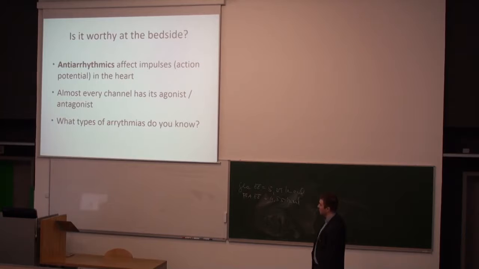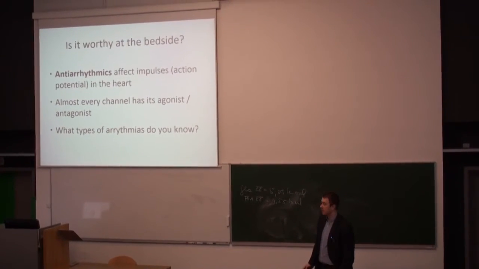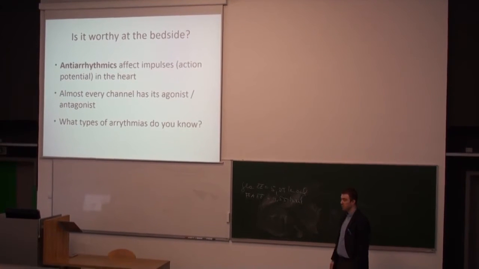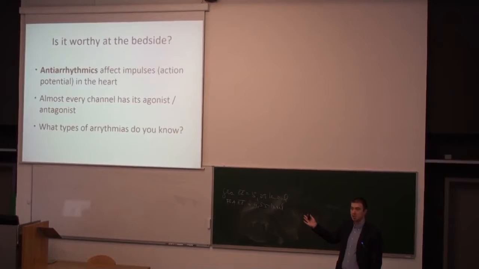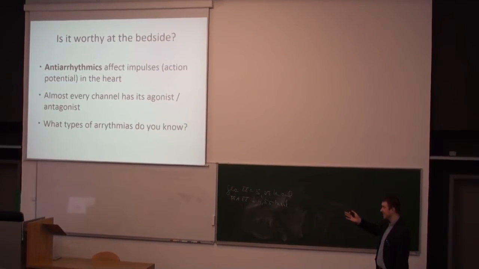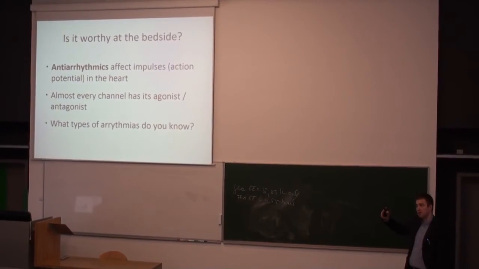But you have, of course, many other types of arrhythmias, and one way to treat them is antiarrhythmic drugs. Simply we can say that the antiarrhythmic drugs typically work as agonists or antagonists of some of these channels. Yes, the antiarrhythmic drugs are quite a big group.